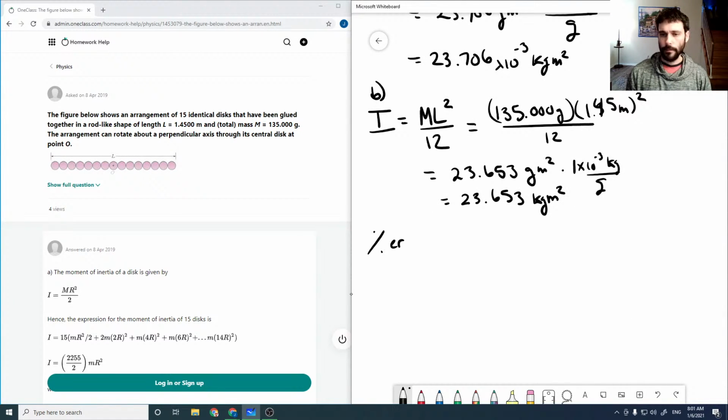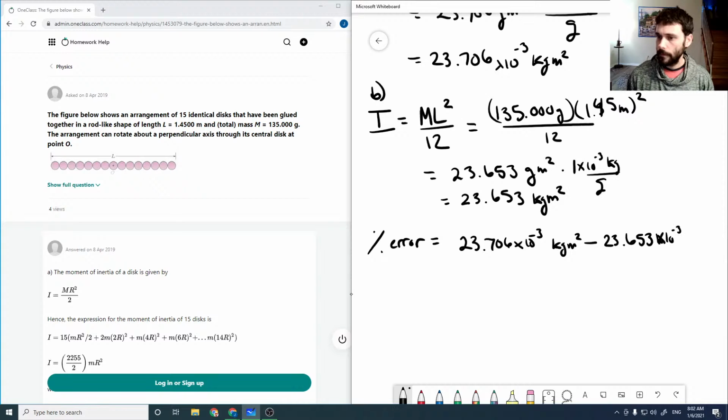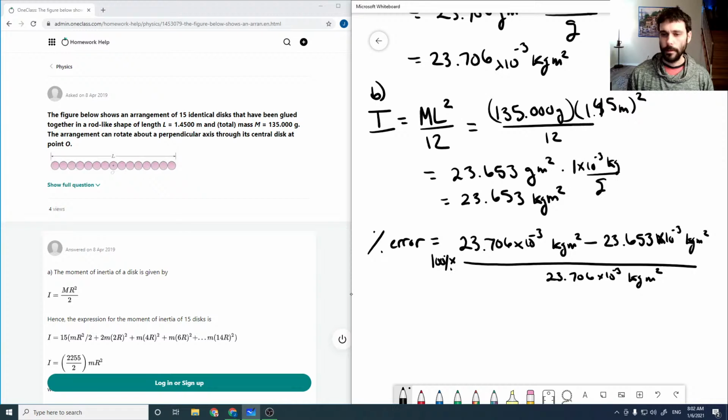So our percent error here would be the known value minus the approximation over the known value, and all of it times 100%.